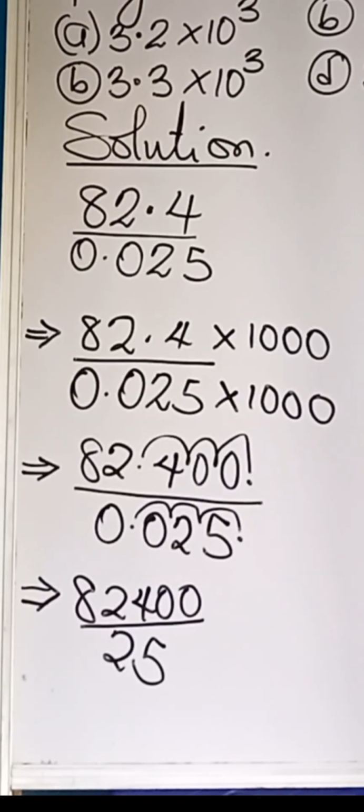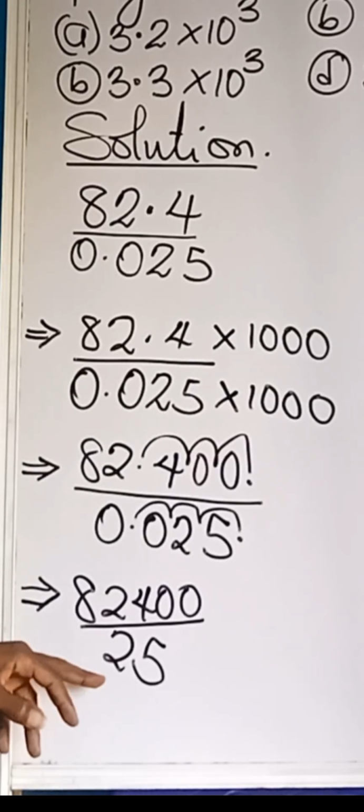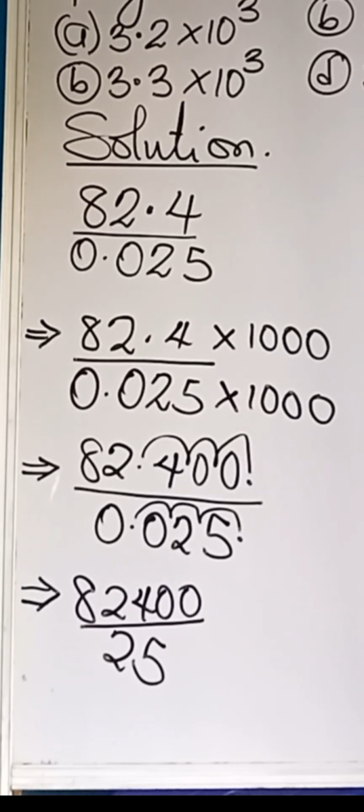So you find out how many times 25 can go in 82,400. Because I'm doing this for younger generation, you can first reduce it to the barest minimum.